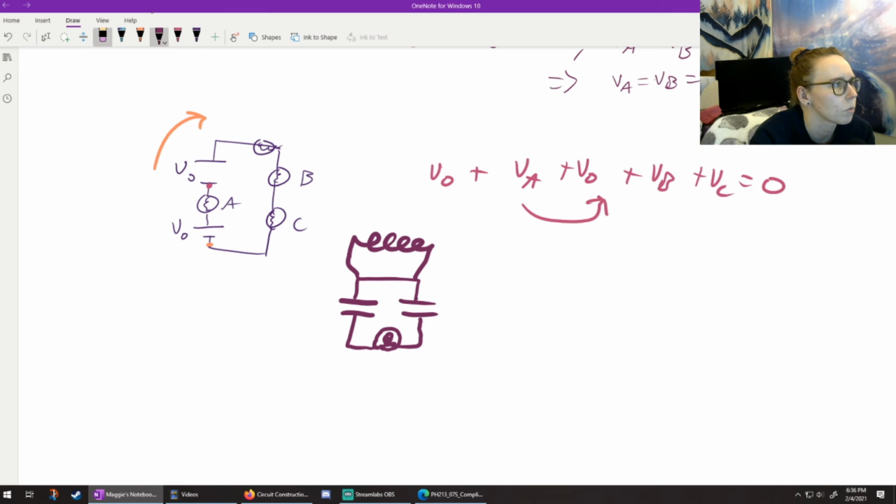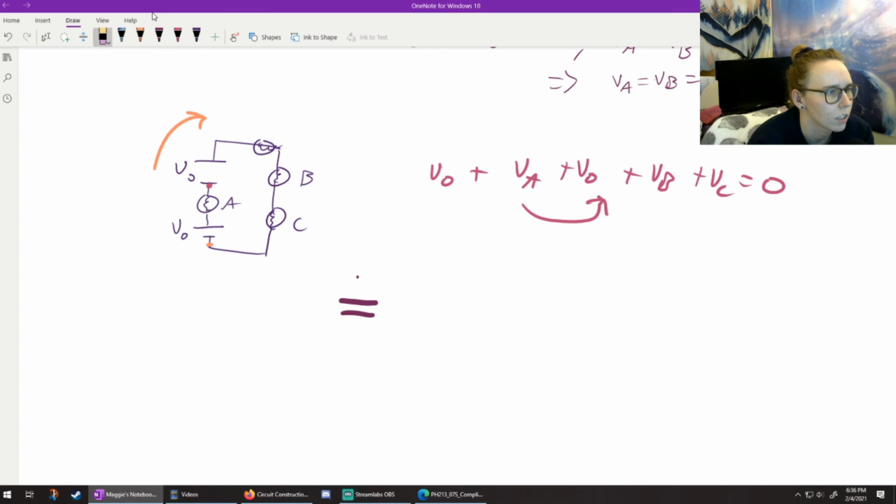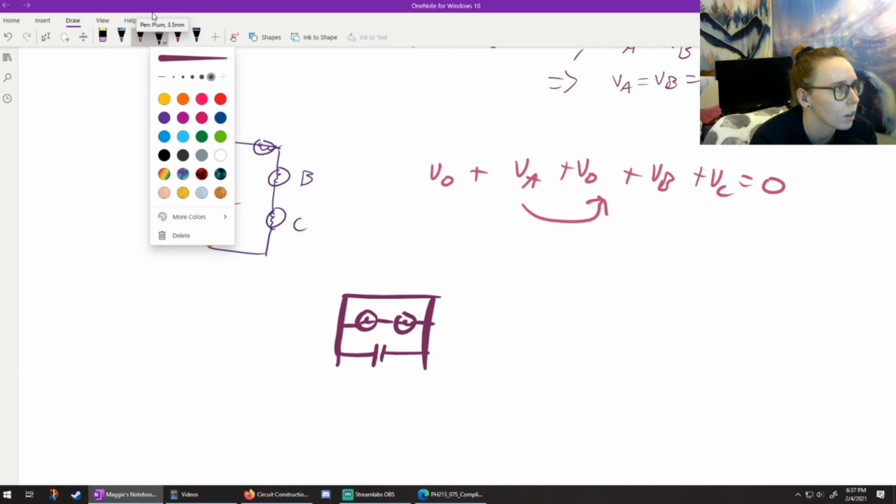Oh, here, we're going to change it. Okay, so we're going to have two light bulb eyes. And I don't like the capacitor mouth that way.